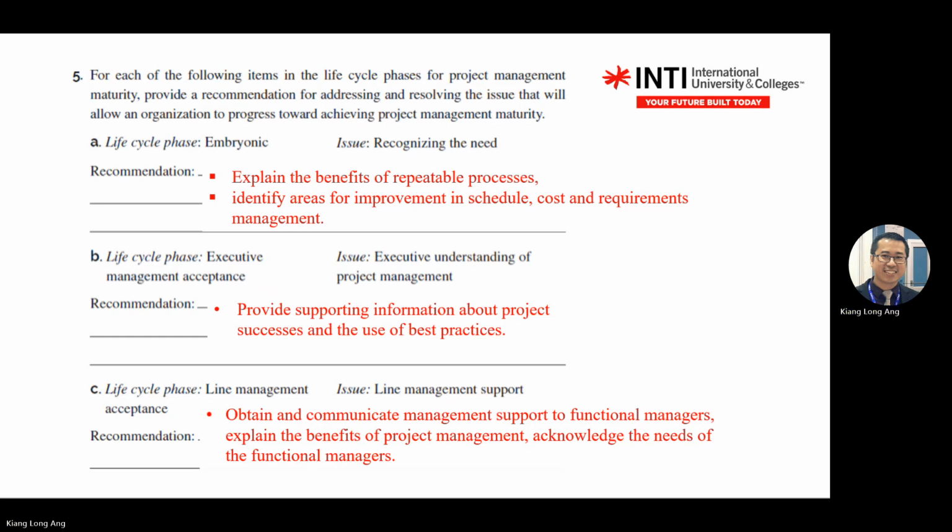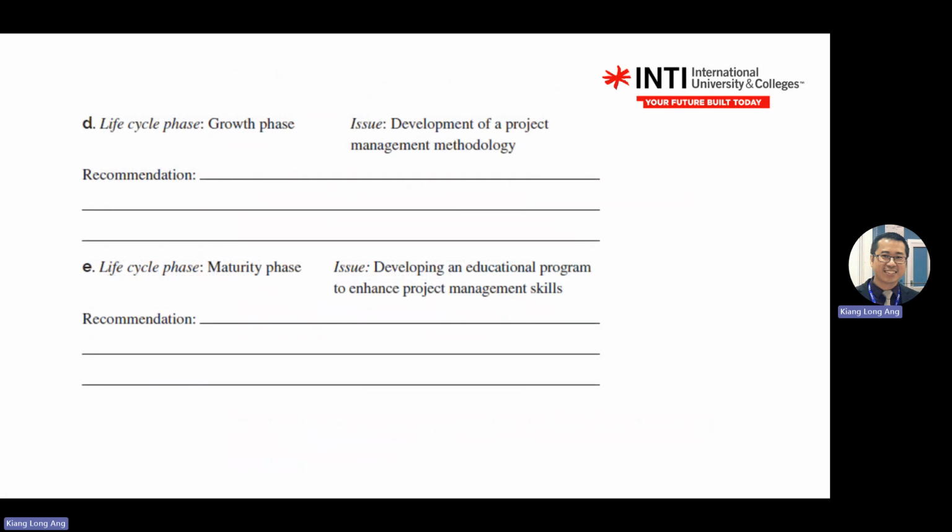The next one is the growth phase. The issue in the growth phase is development of project management methodology. So now you are at the bottleneck: you grow, but you don't know how to improve anymore, and your team doesn't know how to give you ideas.